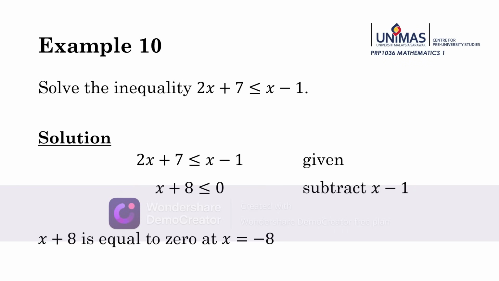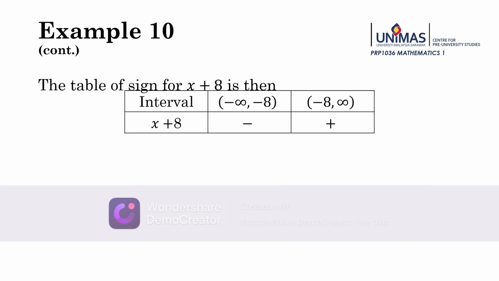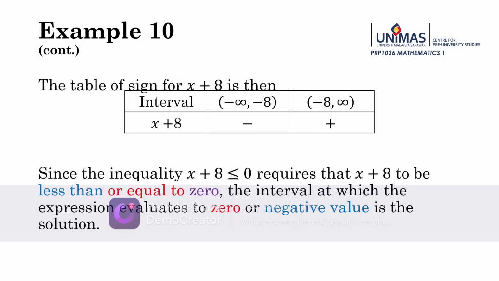Okay, now it is in standard form. So you look for the zeros. So x plus 8 equals 0, so x equals negative 8. Then we use the 0 to construct the table of sign. So the left hand side of negative 8, the interval will be negative. The interval negative 8 to infinity is positive.